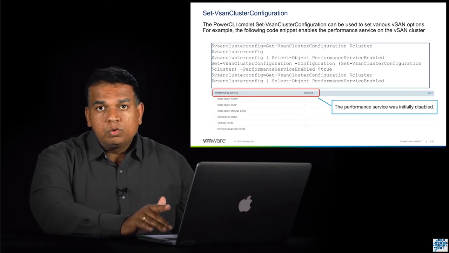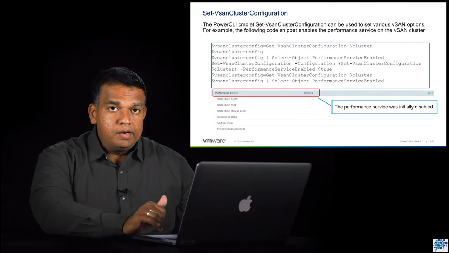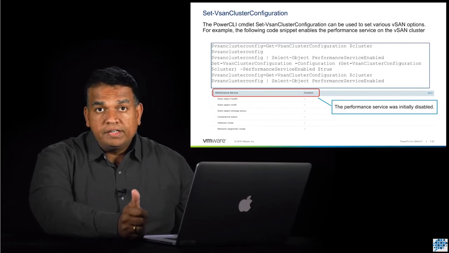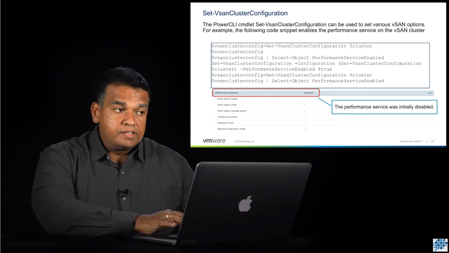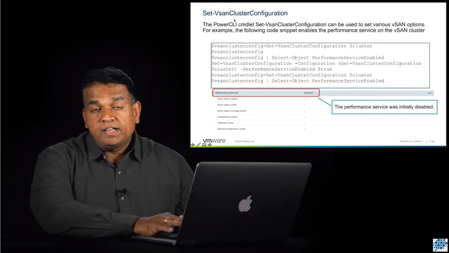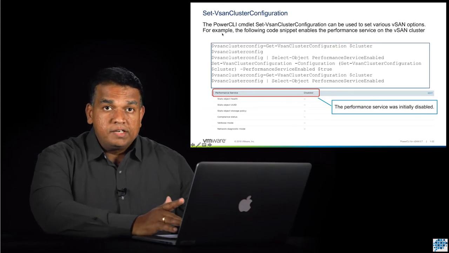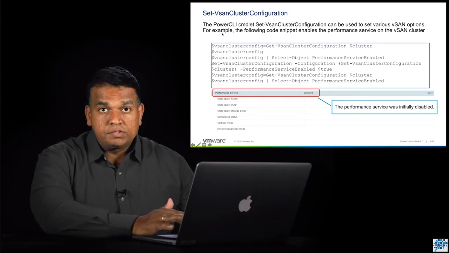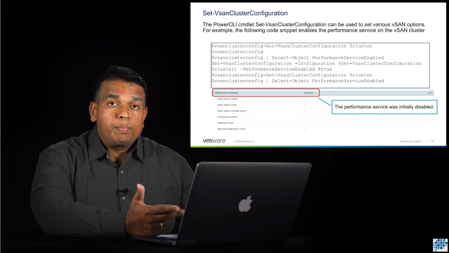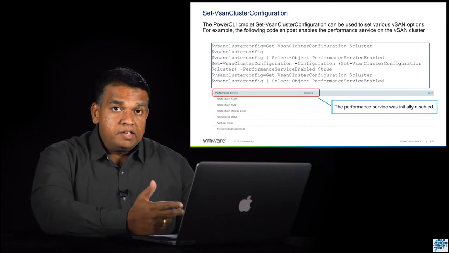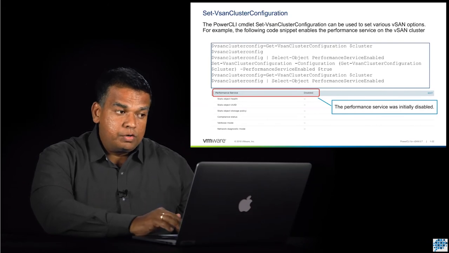Another very important commandlet which we can use to change any kind of setting on the vSAN cluster is Set-VsanClusterConfiguration. This is, you can say, a Swiss Army knife command which you can use to change any of the properties of the vSAN cluster. Let's take a careful look at the syntax on how it works.